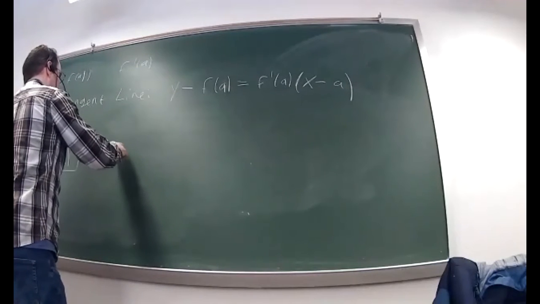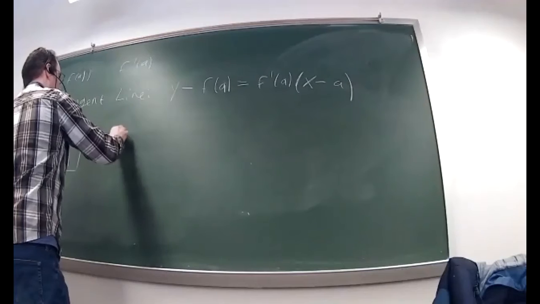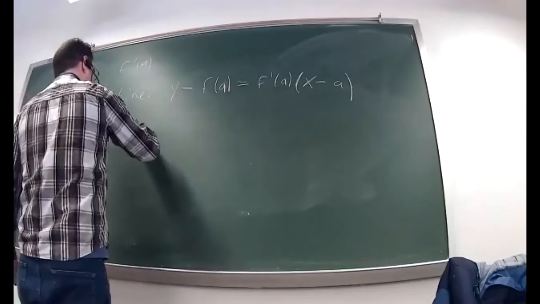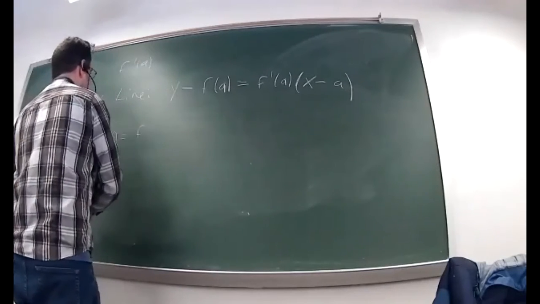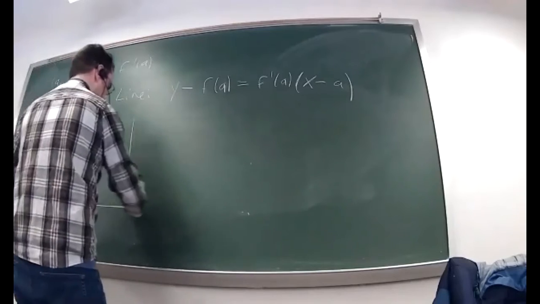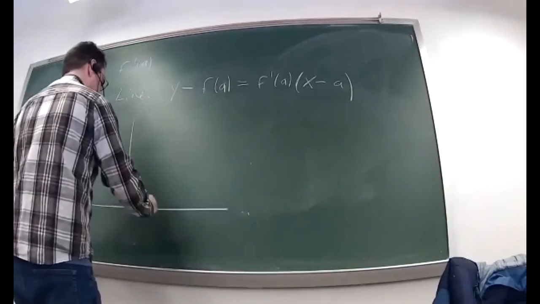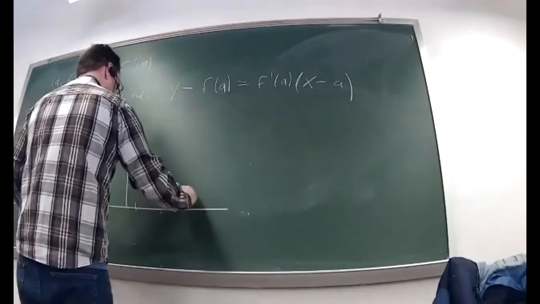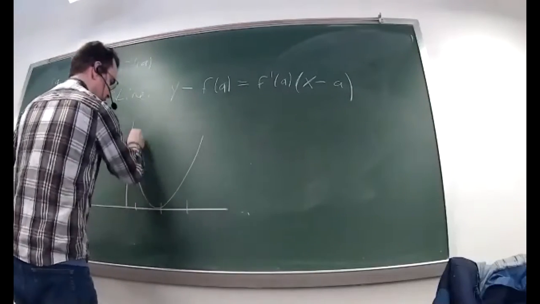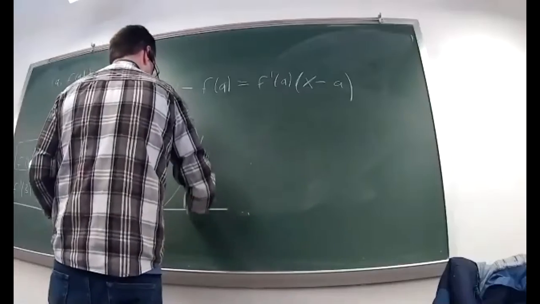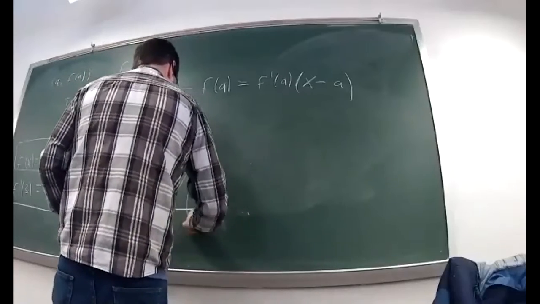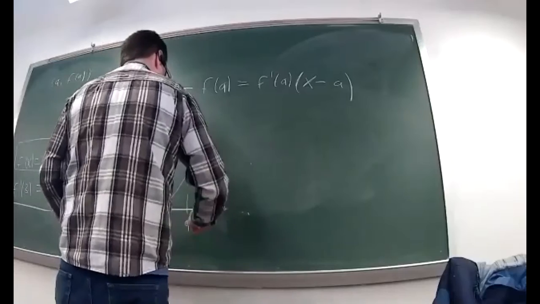Then let's look at the slope of the secant line. Let me draw a picture. I'll try to use the same example that I had before, but this time we're picking x equals a.